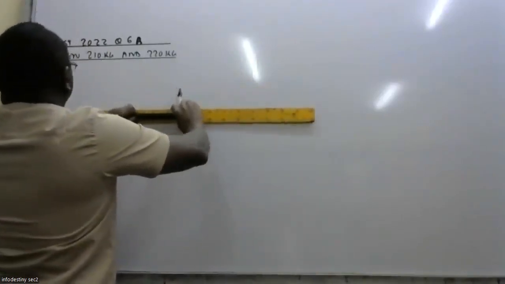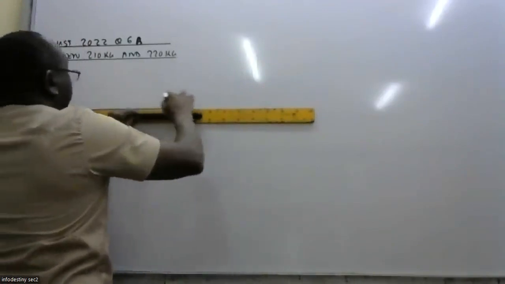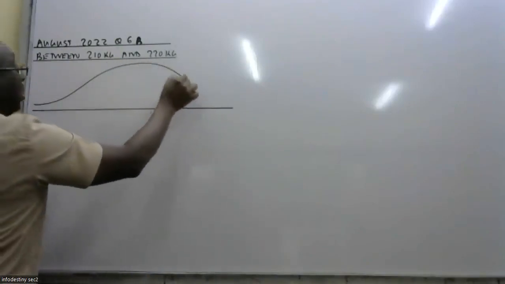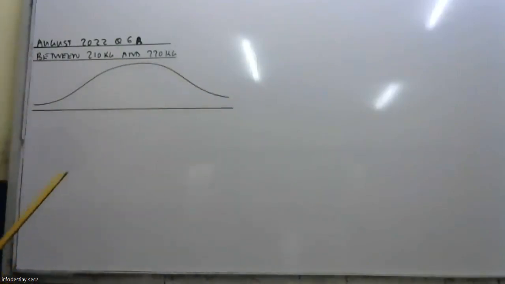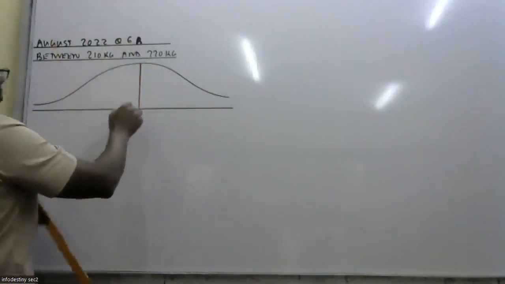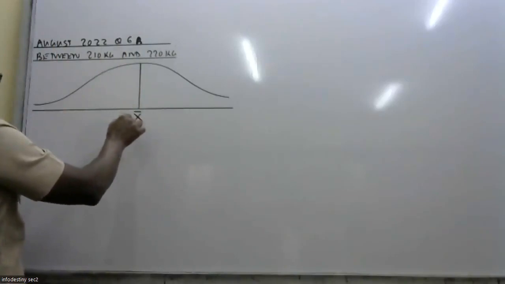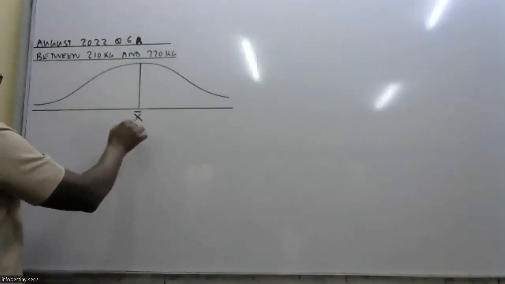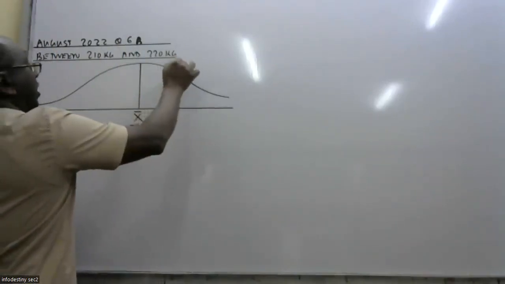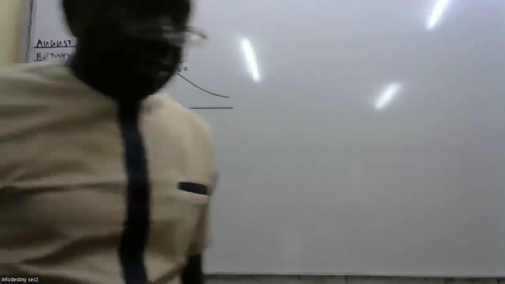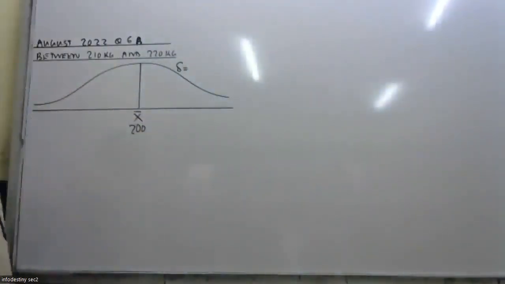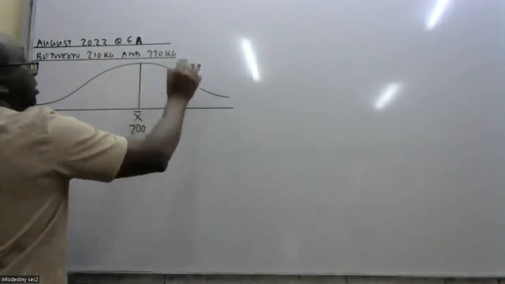So draw a small table like this. Just a small one. Then here at the center is where we have the mean X bar. And this is how you write. The mean we have been told is what? Is 200. And the standard deviation we have been told is what? It's 22, good.